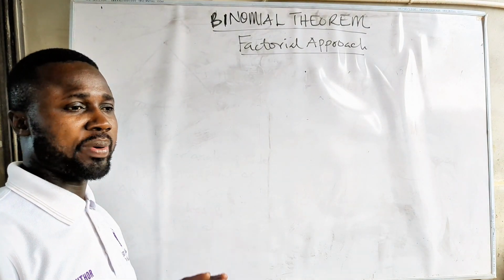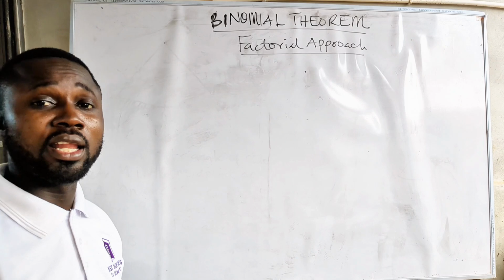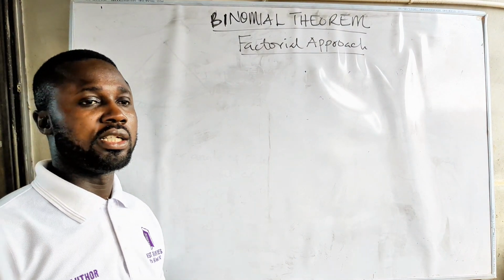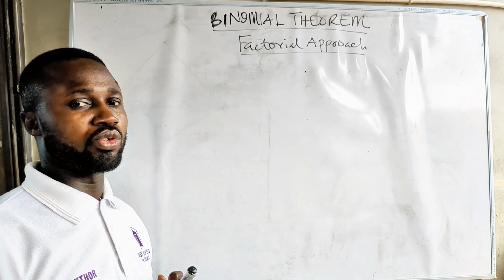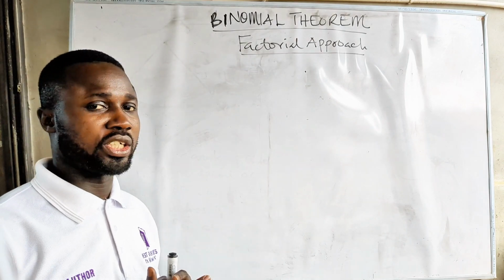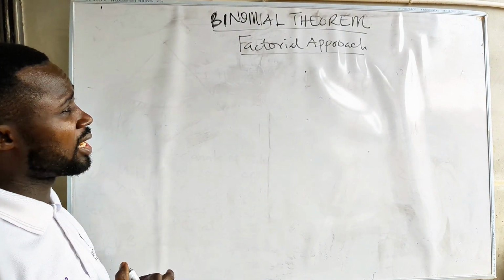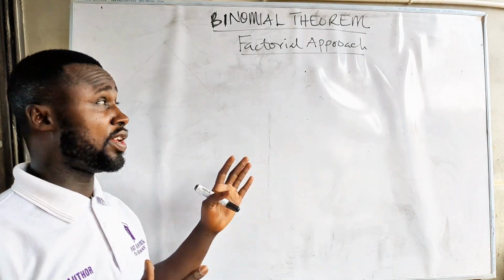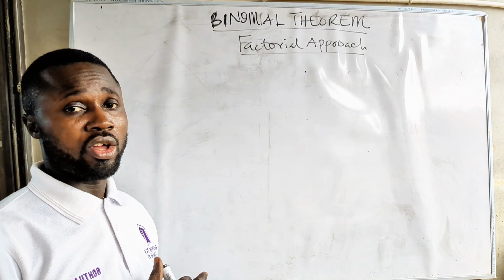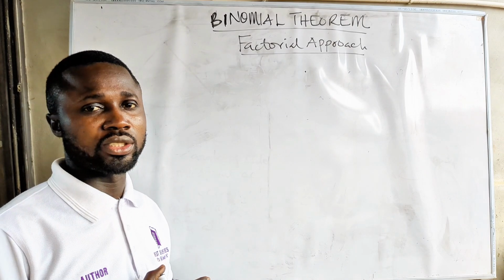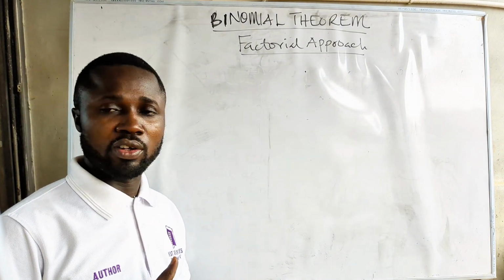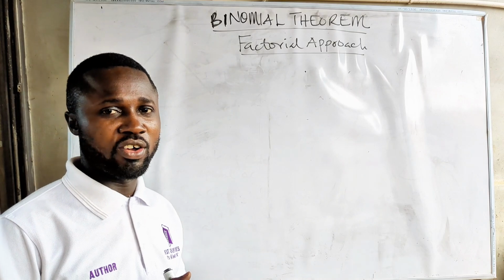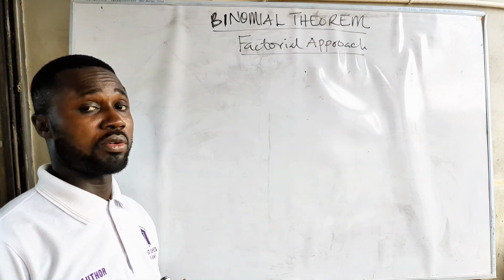As we said, the Pascal triangle is sometimes lengthy, especially when the exponent is big. Listing all the coefficients is lengthy, and the combination method has its limitation: if the exponent is negative, you can't deal with that with the combination. So we are going by the factorial approach, and that one will work for us perfectly for the question that we are going to do.